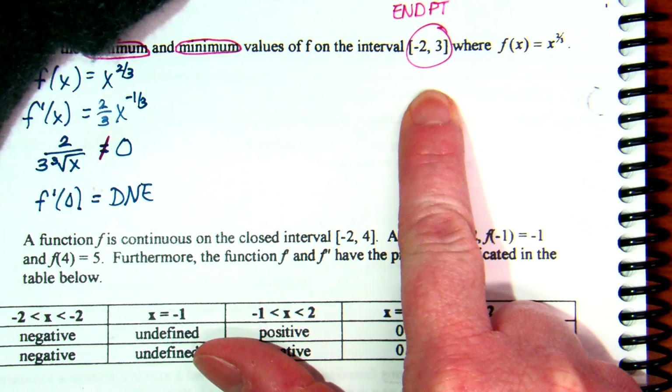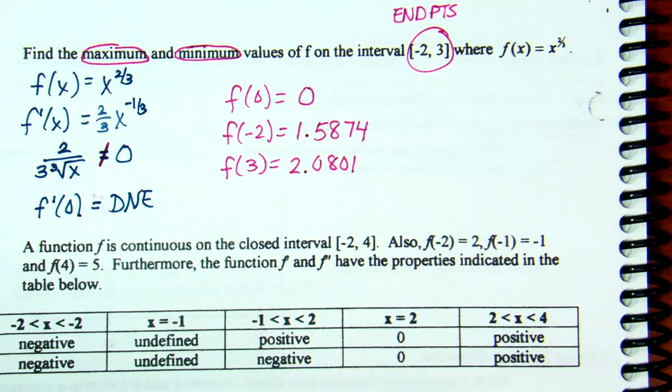What were we being asked to do? Maximum and minimum values are where or what? Okay. 2.0801 is my max because it's the largest y value. And 0 is my min because it provides the smallest y value.